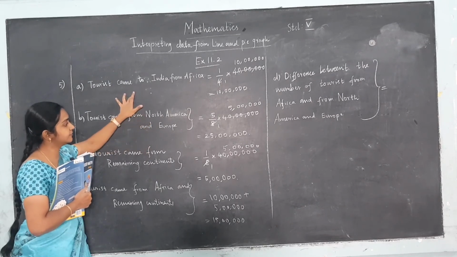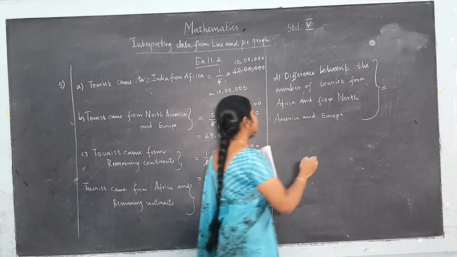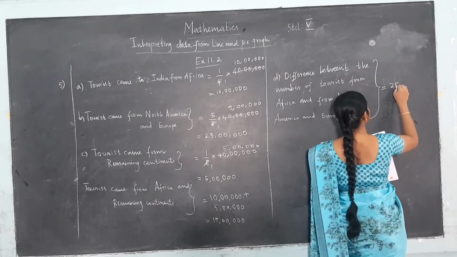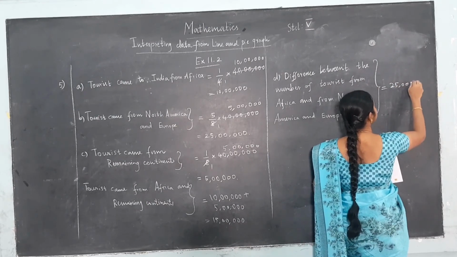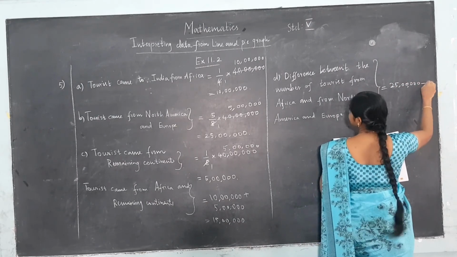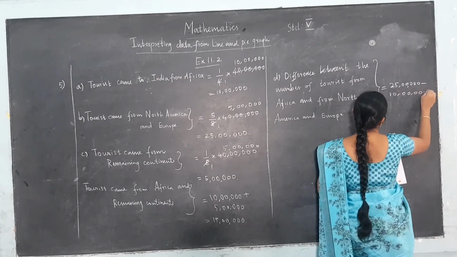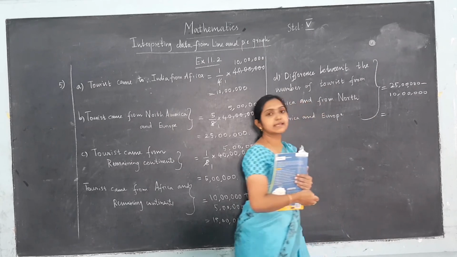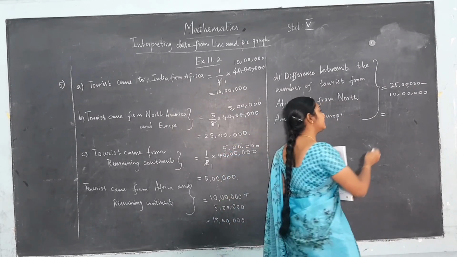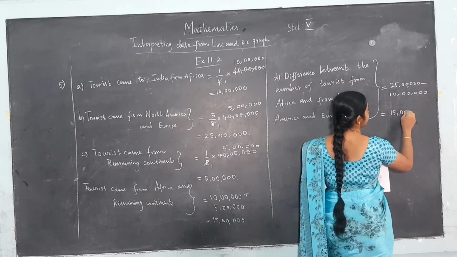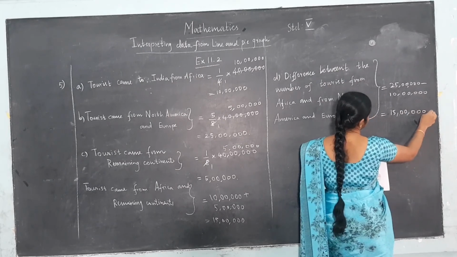We have to find the difference. So, we have to subtract 25 lakhs and 10 lakhs. 25 lakhs minus 10 lakhs is 15 lakhs. So, the answer is 15 lakhs.